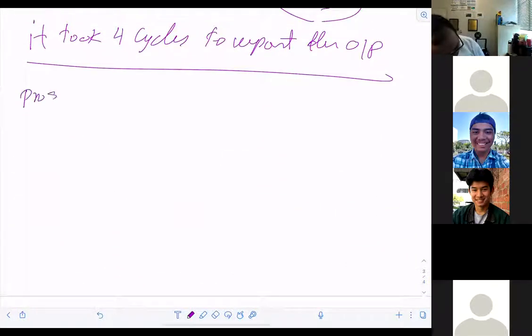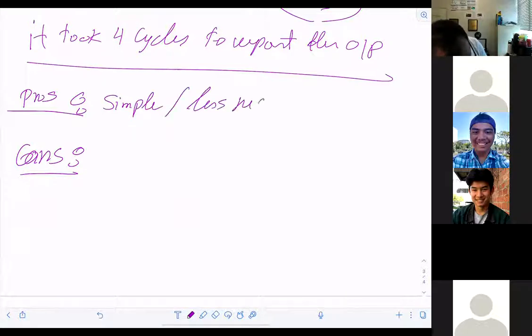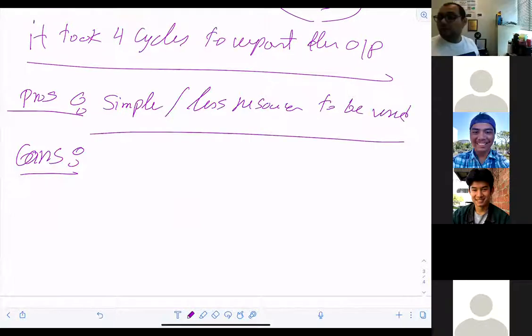You can think about it as follows, pros and cons, right? The only pro we have is what? Simple, fewer resources to be used, right? It's just a wire extended to a flip-flop, wire, right?